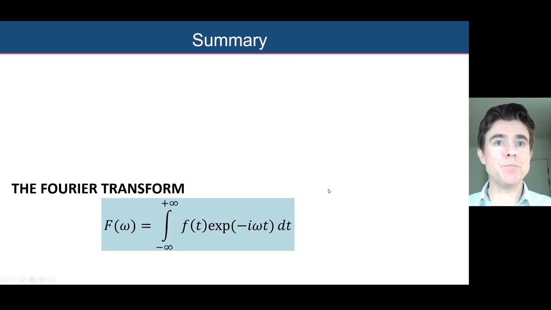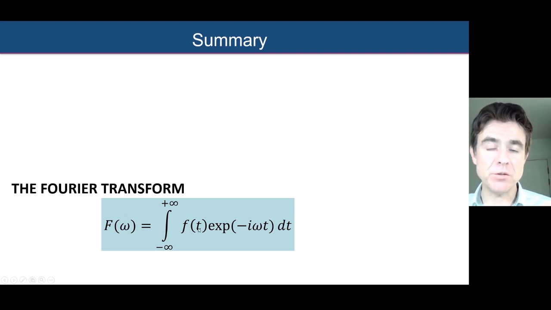So in summary then, this is the Fourier transform expression here, f of omega. This just gives us the amount of frequency omega that is present in f of t, where the frequency omega really is e to the plus I omega t. Okay, and the reason the analysis uses the negative is because this is trying to pick out the e to the plus I omega t that is assumed present in f of t.